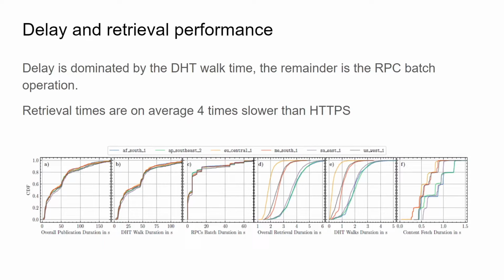For the retrieval times, they are on average 4 times slower than an equivalent HTTPS operation. However, this can be partially explained by IPFS needing to resolve the address of the content as opposed to HTTPS. Still, this is much better than previous distributed hash table implementations.